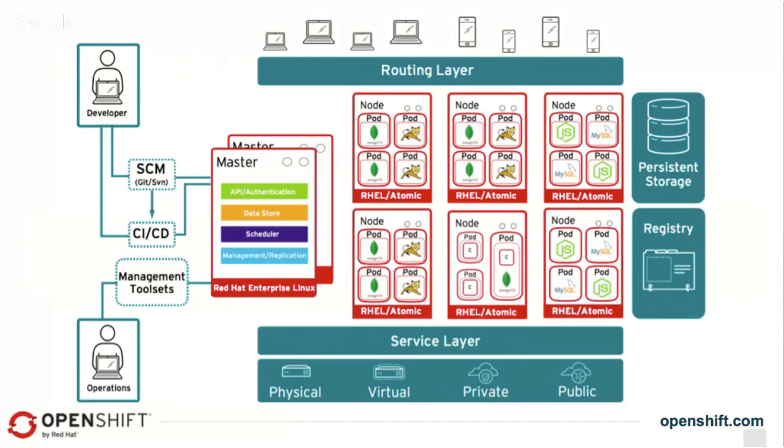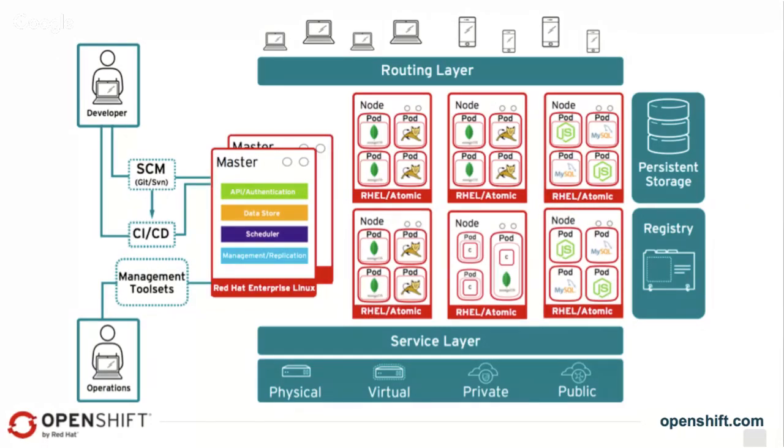Actually, containers are running in what is called a pod in OpenShift and in Kubernetes. A pod is where we will be running our containers, and you can run one container per pod or multiple containers per pod. That's, I think, all the information we need for now.